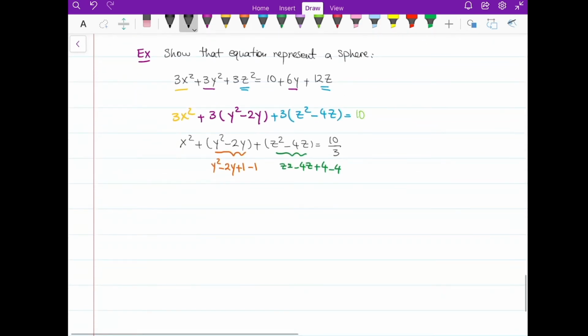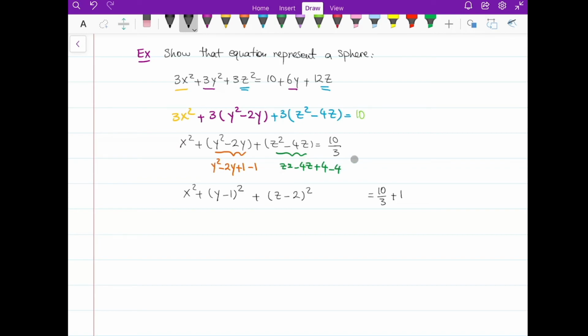So what do I have? I have x squared plus y minus 1 squared. I have a negative sign that I bring on the other side, so it's equal to 10 over 3 plus 1. How about this part? The first 3 terms would be z minus 2 squared.